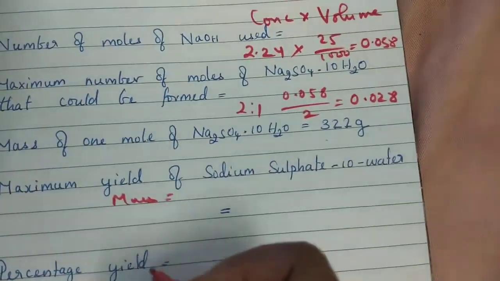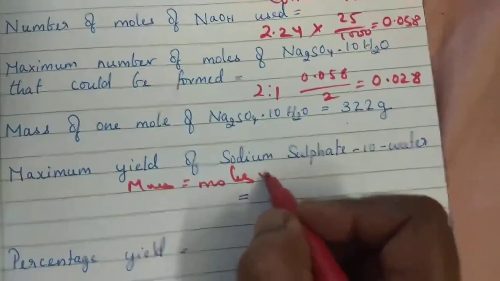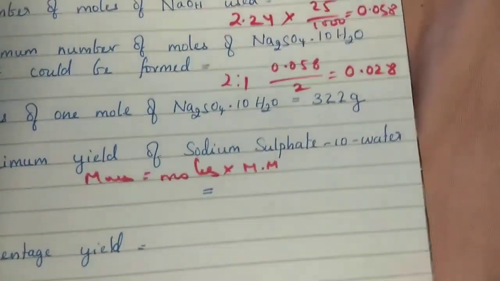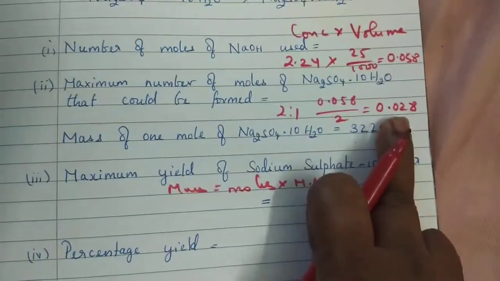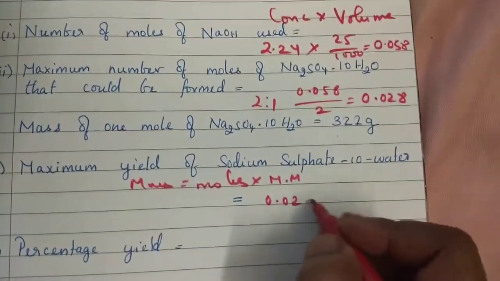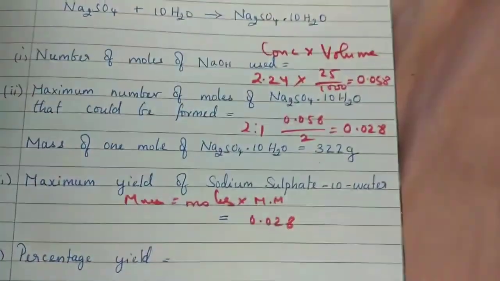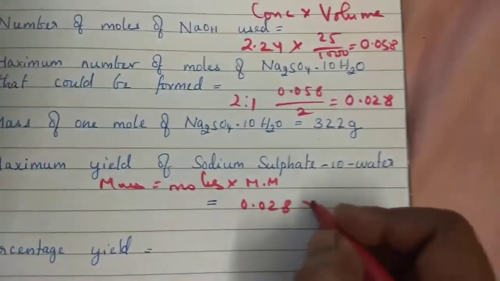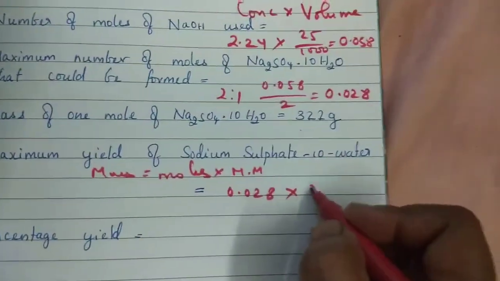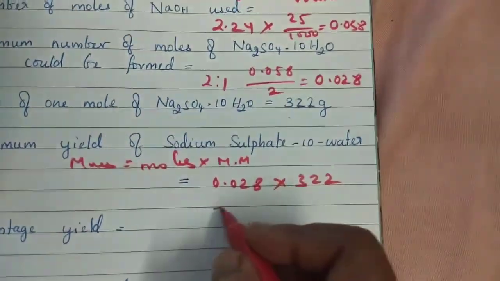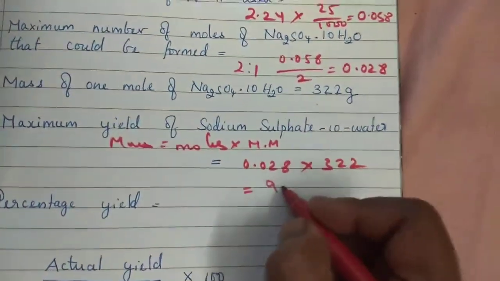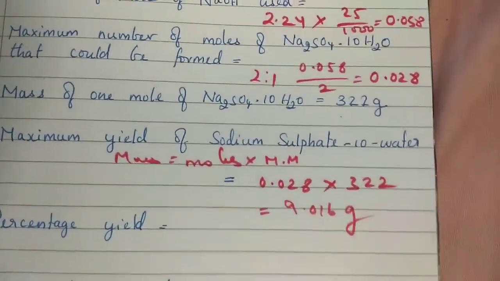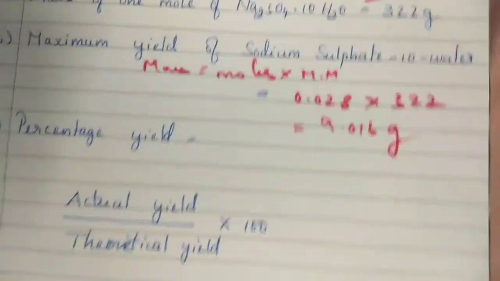Mass is equal to moles into molar mass, that is the Mr value. Moles is what we have calculated over here, 0.028 moles, into the molar mass, which they have given in the question. So what is the maximum yield of sodium sulfate now? 9.016 g.